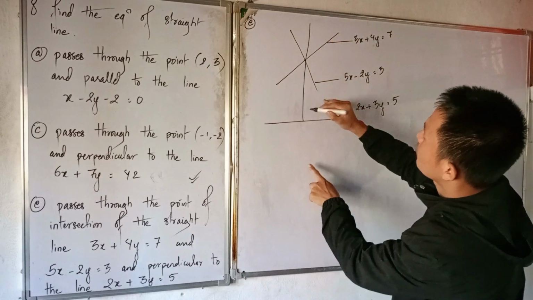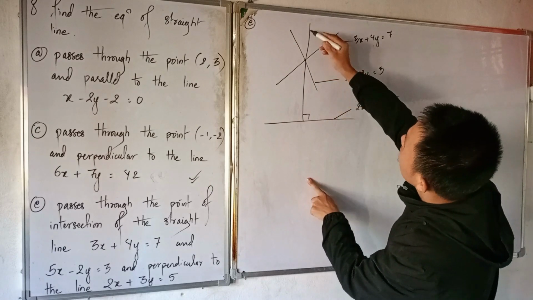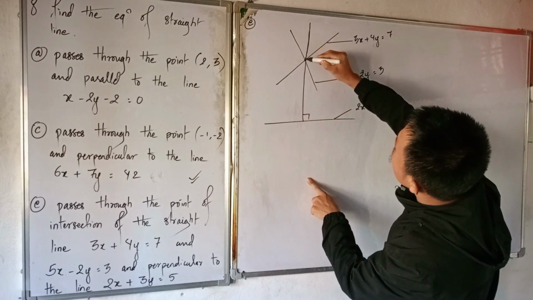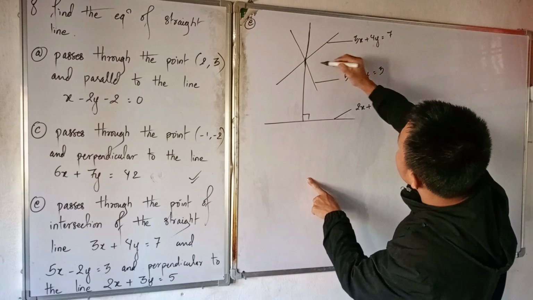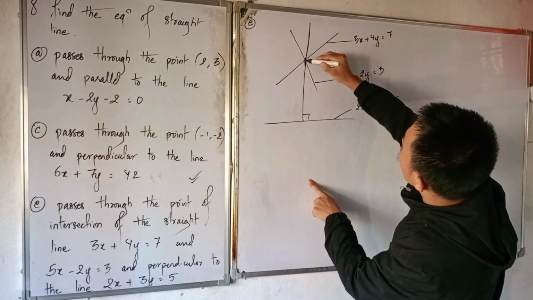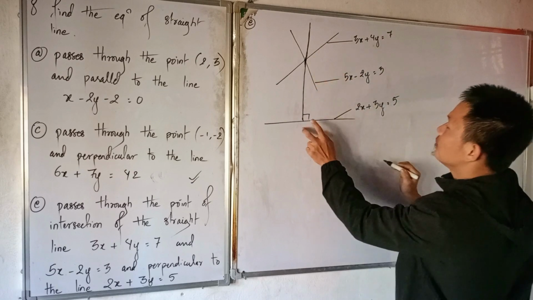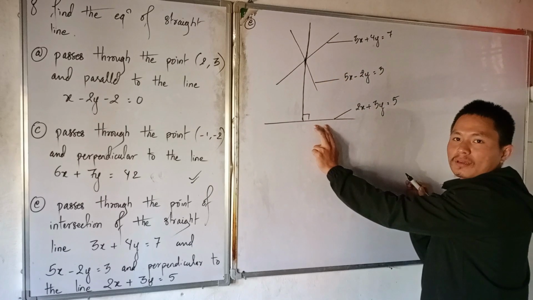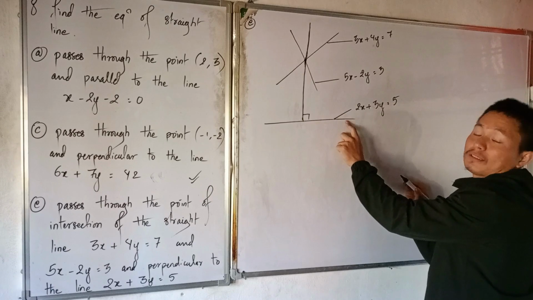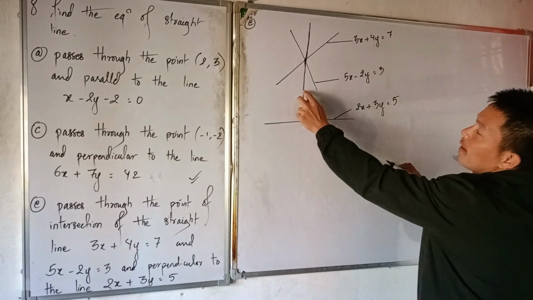Now you can see this line passes through the point of intersection of these two lines, and this line is also perpendicular to this line. You have to find the equation of this line.